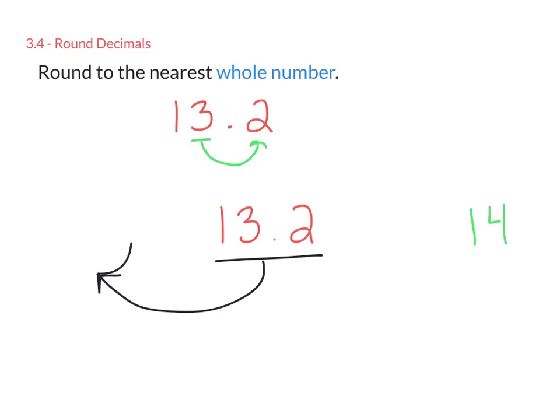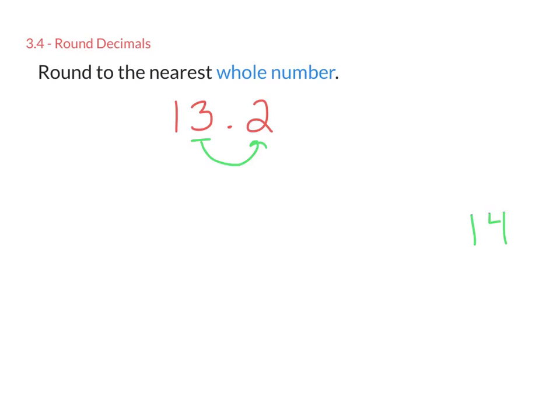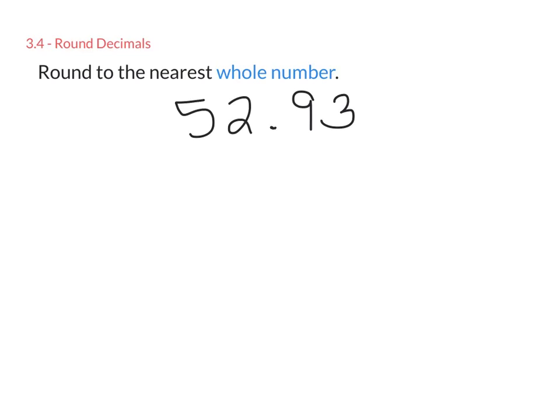And let's look at one more example rounding to the nearest whole number. 52 and 93 hundredths. We're going to round this to the nearest whole number. And again, whole number means ones place.